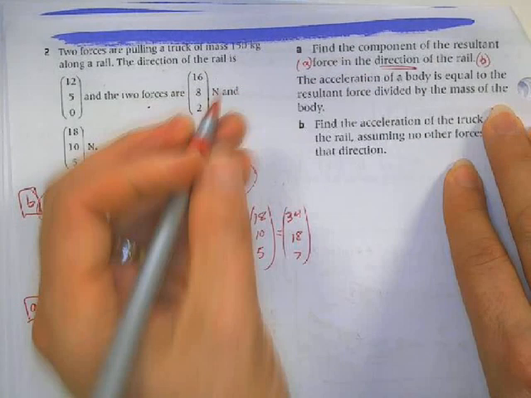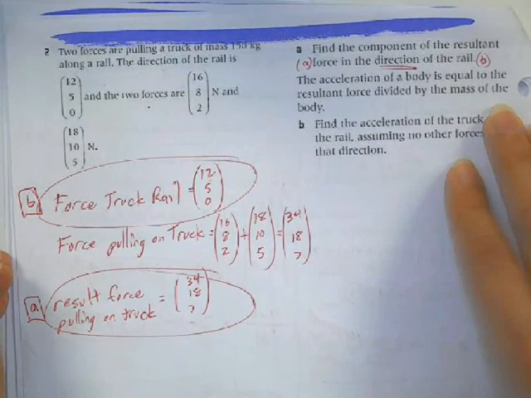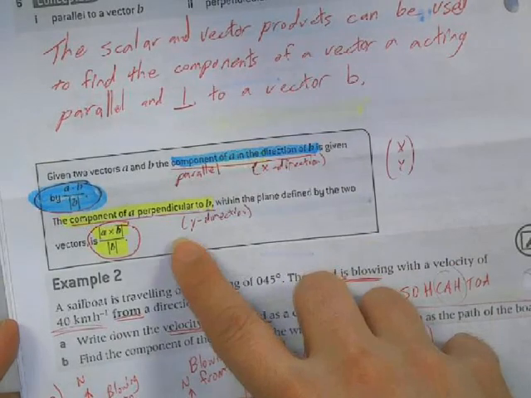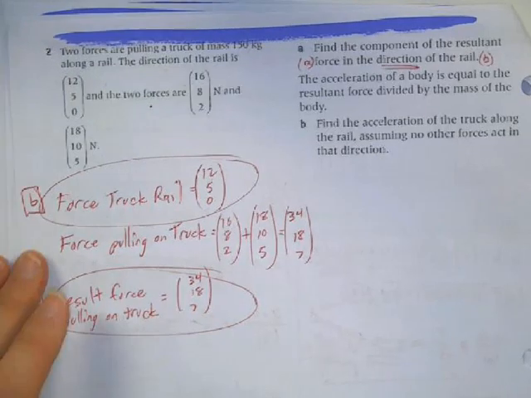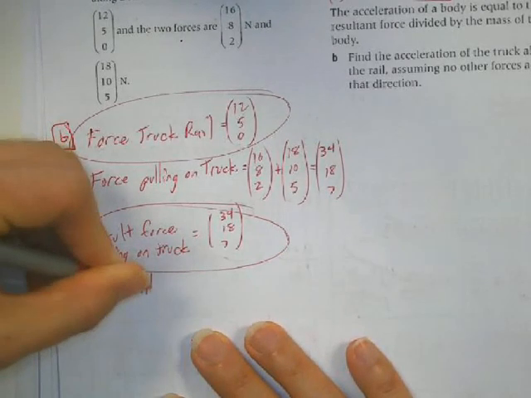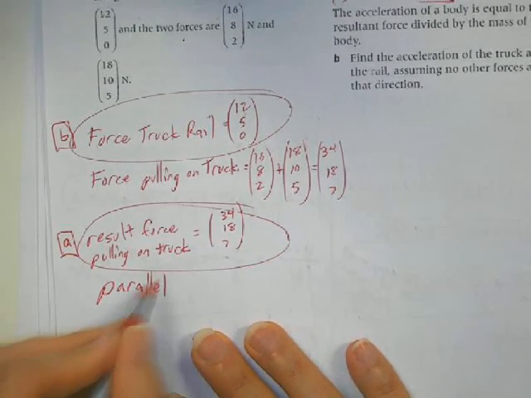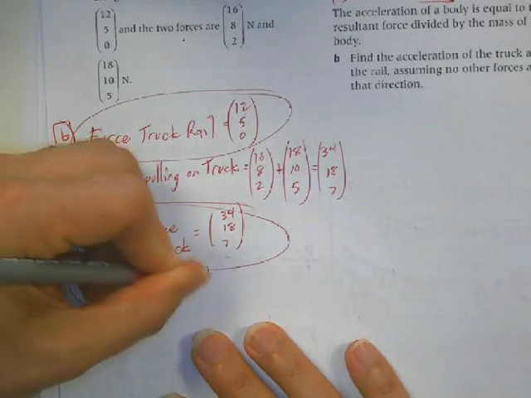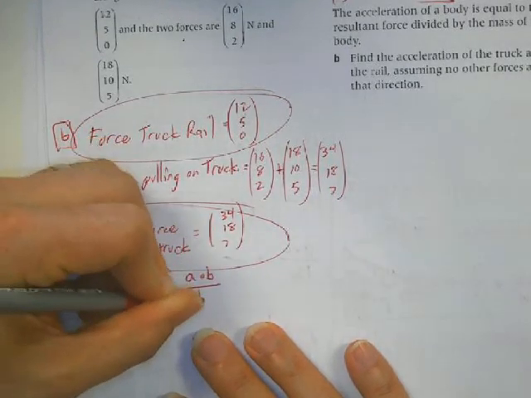That means parallel, not perpendicular. So because we're dealing with parallel, we're going to use A dot B divided by the magnitude.